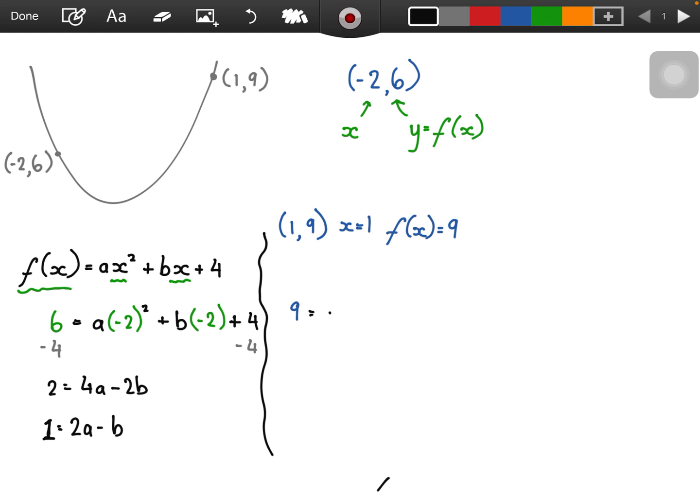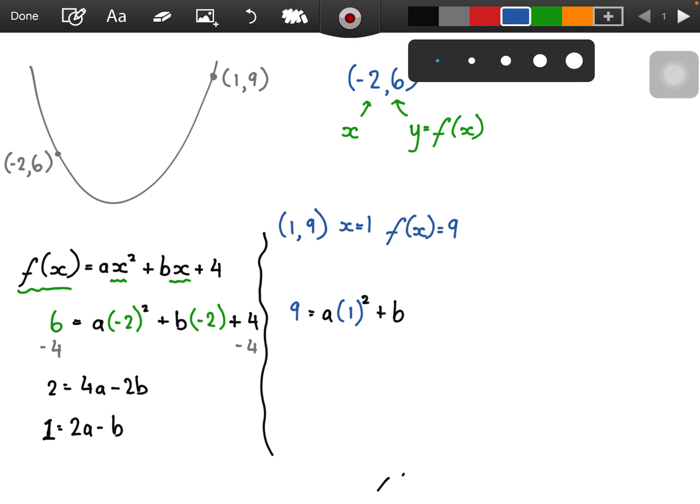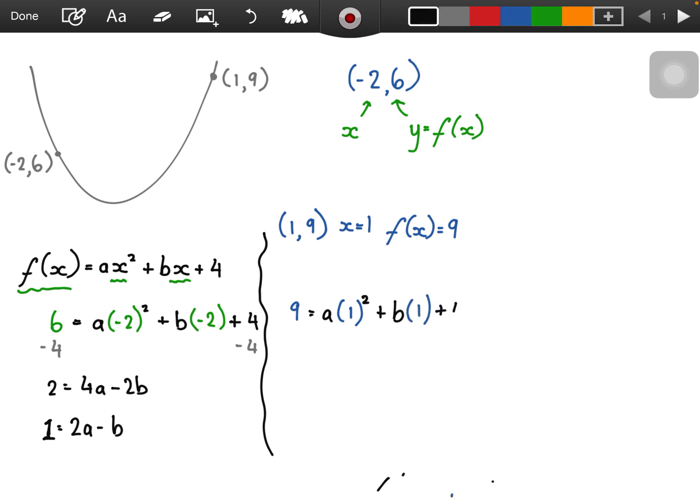So that means that I am going to have 9 is equal to a times 1 being squared, plus b times 1, plus 4. Remember that squared is only acting on the 1. It's not acting on the a.